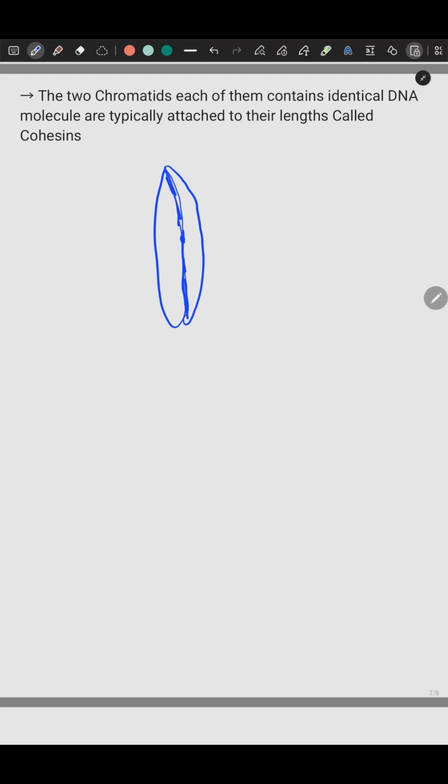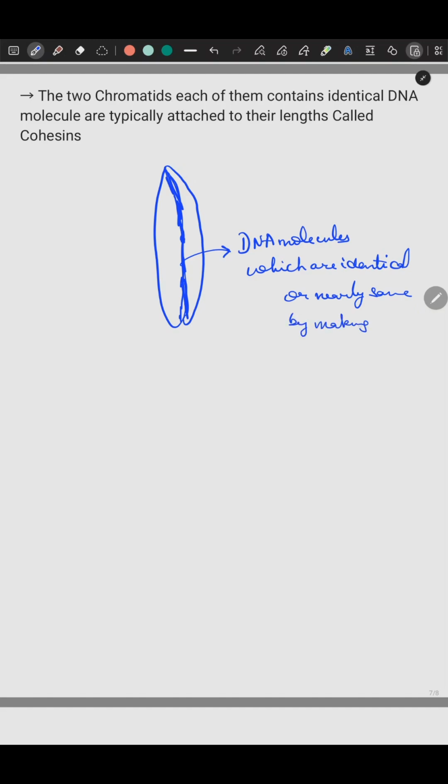We can say this line of them is attached by DNA molecules which are identical or nearly the same, by making a bond, and it makes a type of stick-on. We can call it cohesion.